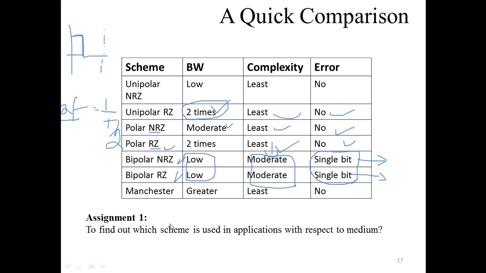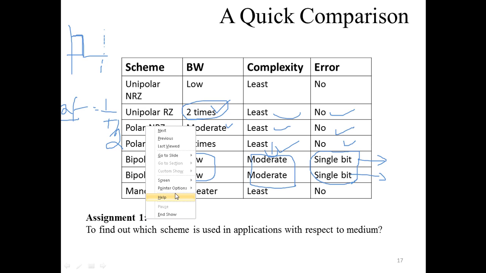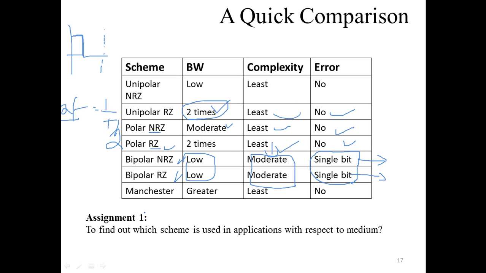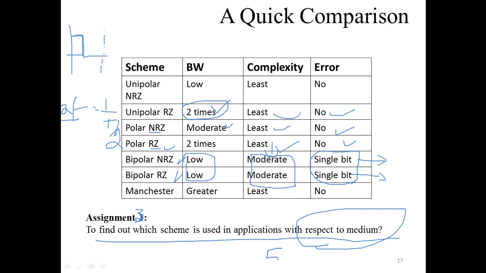So this is your assignment number 3. Actually, it is mentioned as 1, but this is assignment number 3 for you guys. You have to find out which scheme is used in which application with which spectral medium. I have already discussed 5 or 6 kinds of mediums with you in the previous class on transmission media.